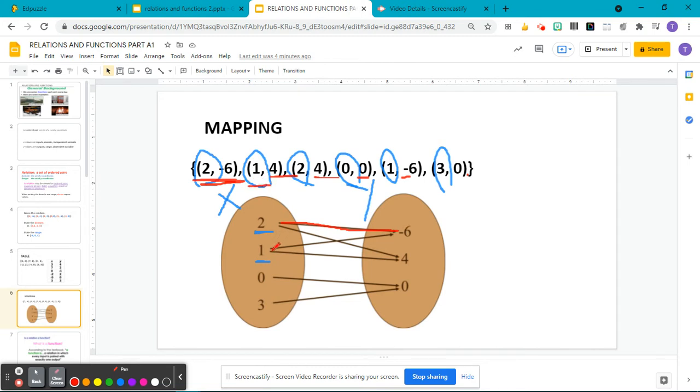I'm going to draw from 1 to 4. That tells me I have the ordered pair 1, 4. 2, 4. I'm going to take my arrow from 2 and go down to 4 and so forth. So your arrows are what are indicating your ordered pairs. I'm going to come back to that in just a moment.